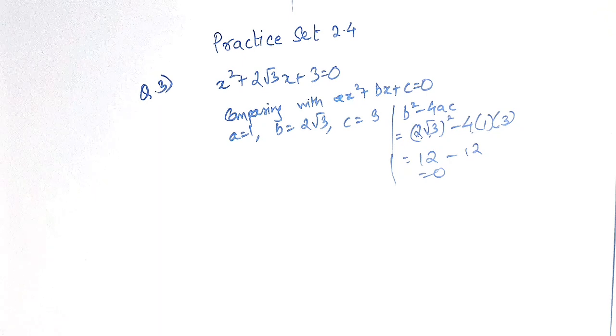Okay, now when b square minus 4ac equals to 0, let us see what we have. Okay, in this case we'll come to the next exercise where b square minus 4ac equals to 0. The nature of the roots are real and equal.